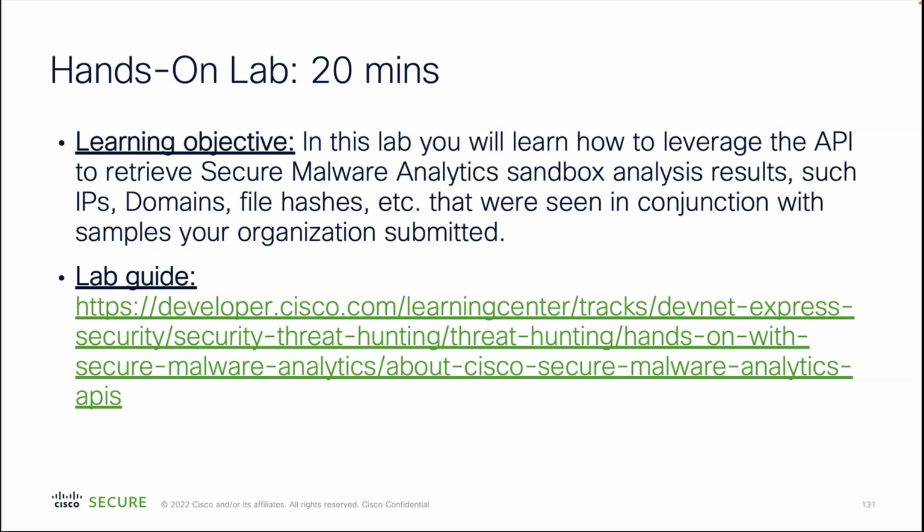That will be the output of the lab. The goal of the lab is to find network activity for this malicious file so that we can do something with it in the next section.